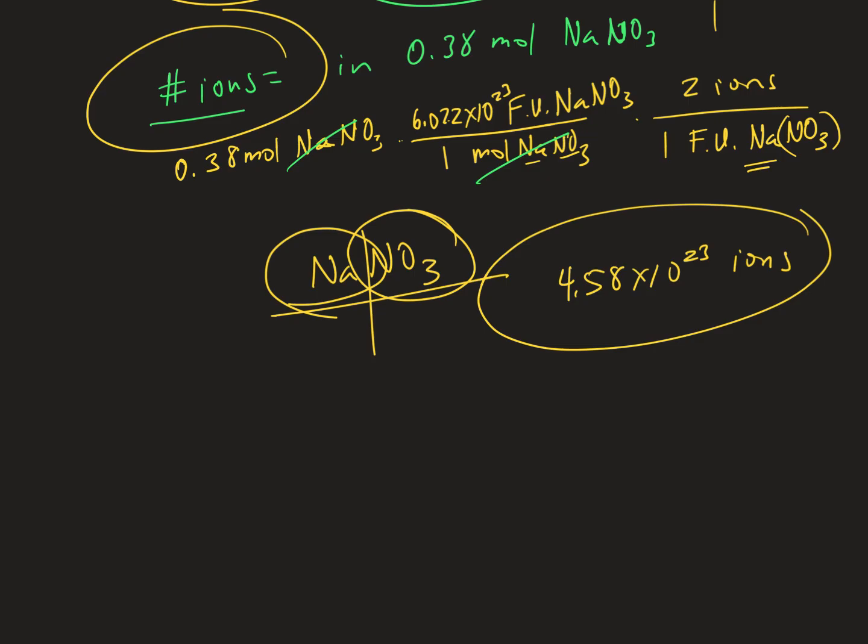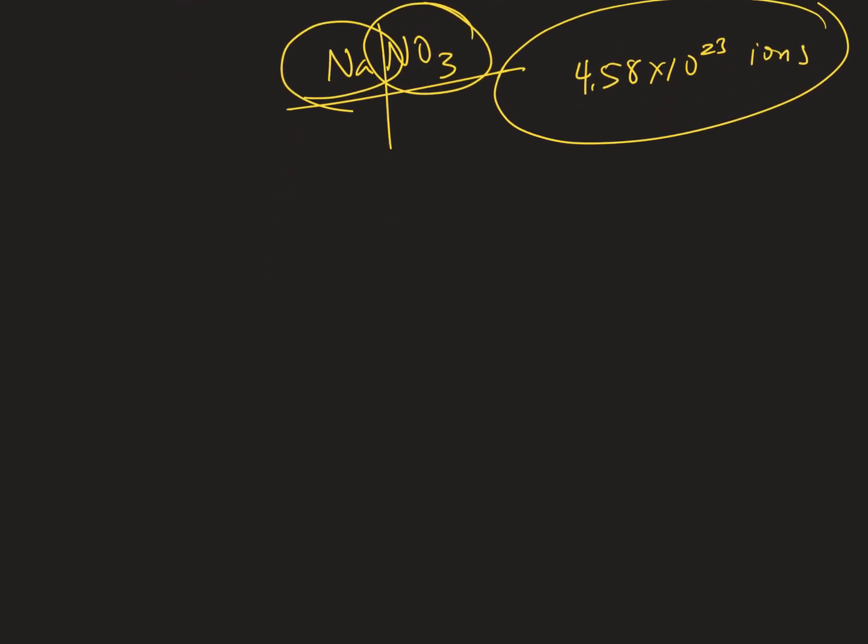Which one from section 2 do you want to do? The second one down on the left? Okay. So we got (NH4)2SO4, and we got to calculate the molar mass.